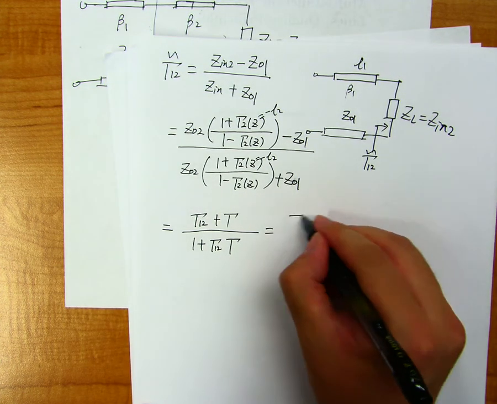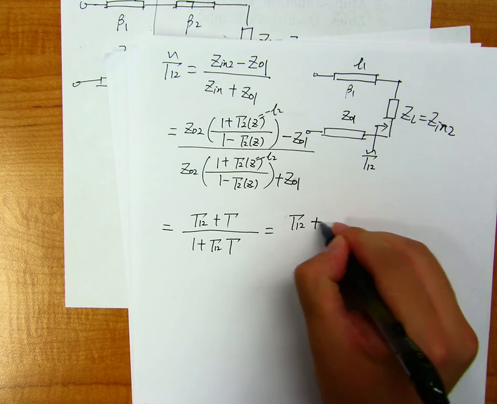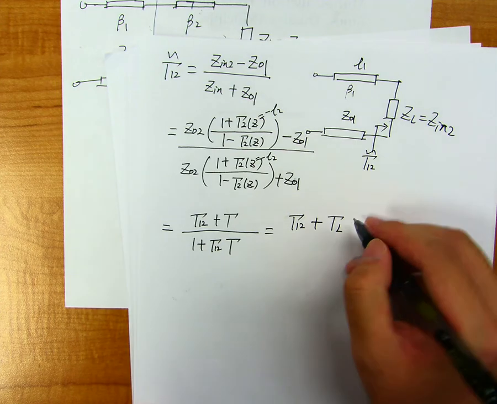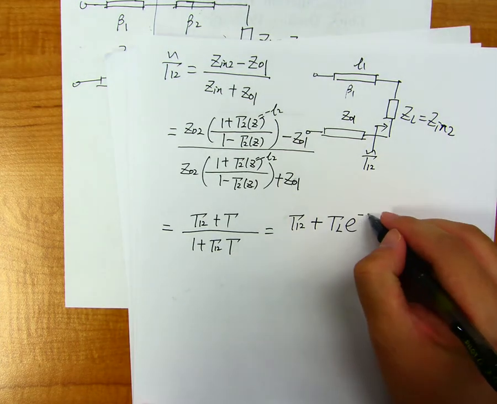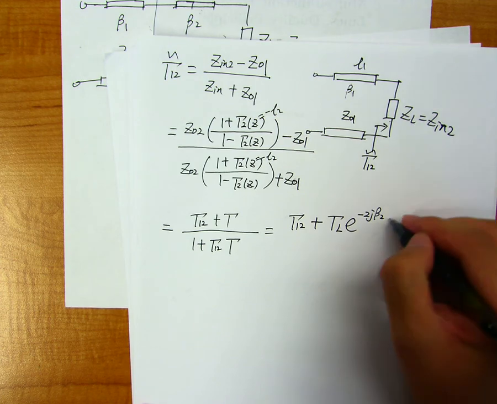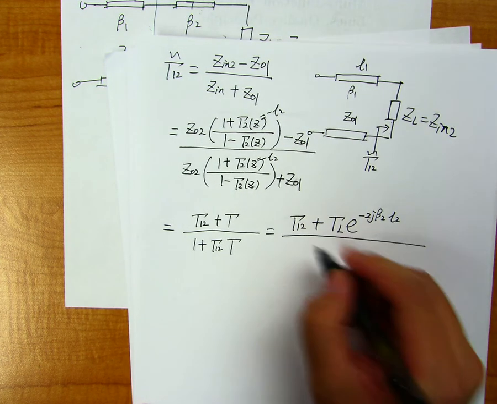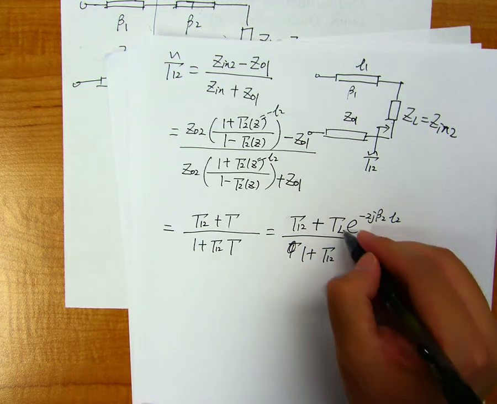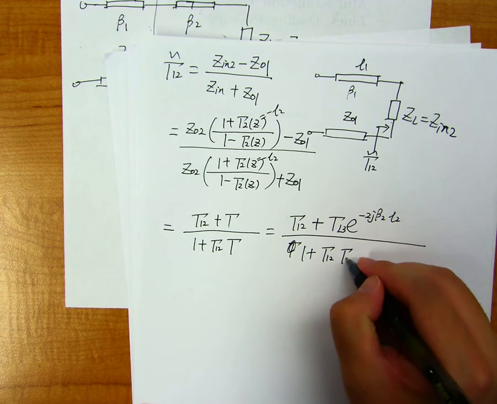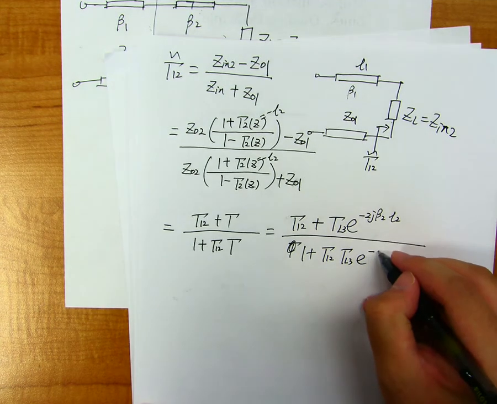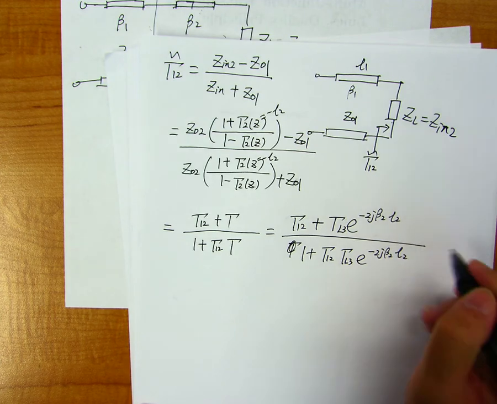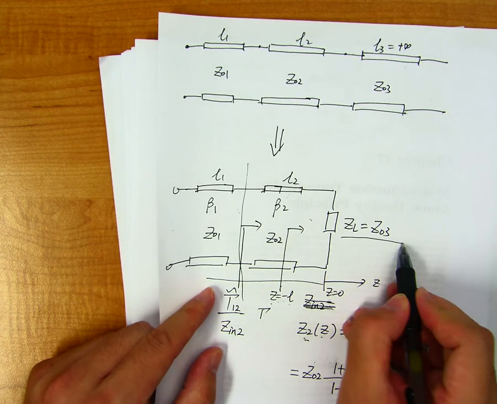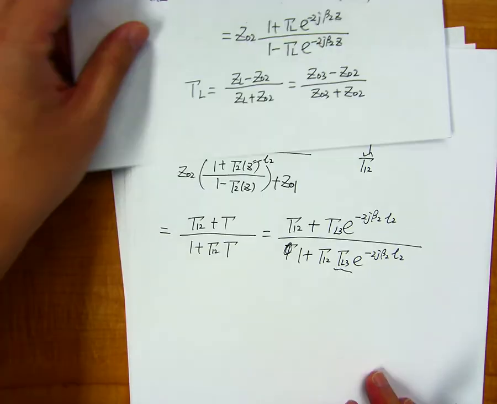Here gamma_12, I'll give the expression later, and gamma is equal to gamma_L3 e to the negative 2j beta_2 L2. Here gamma_L3 means this equivalent load.